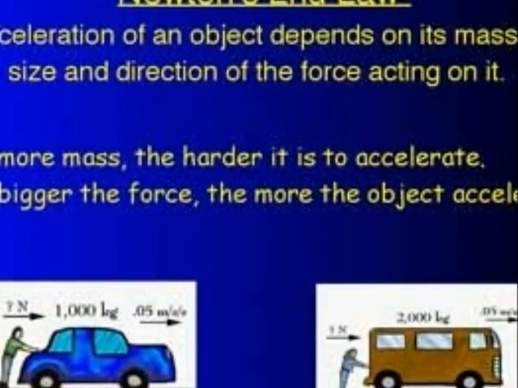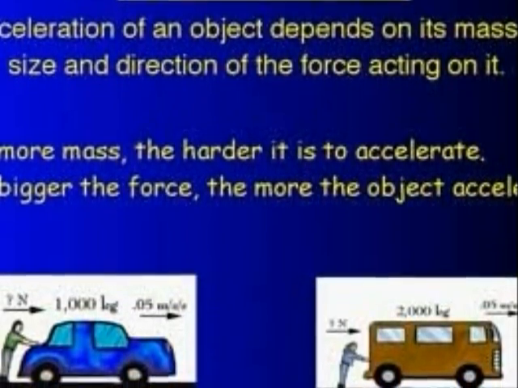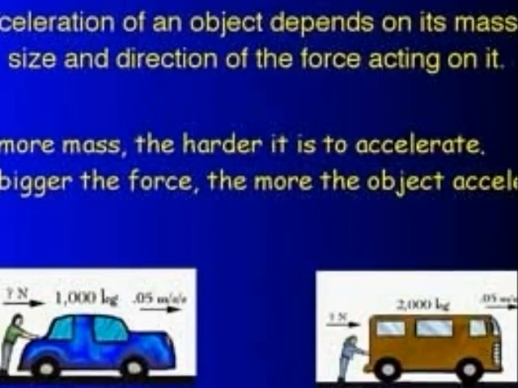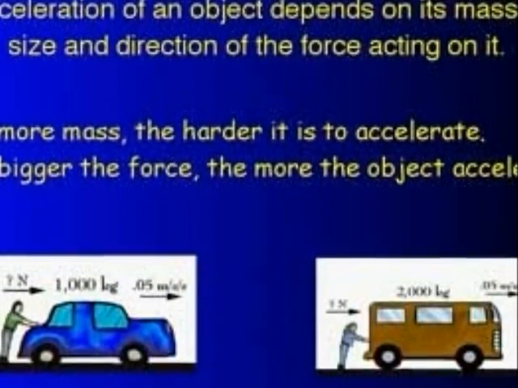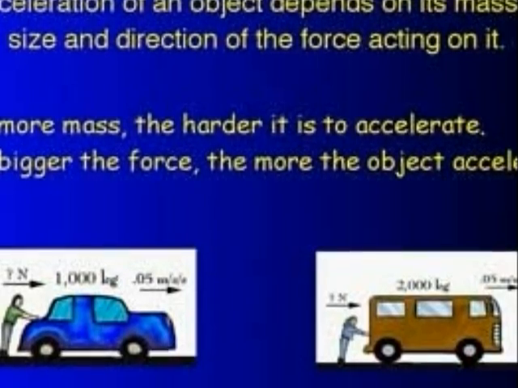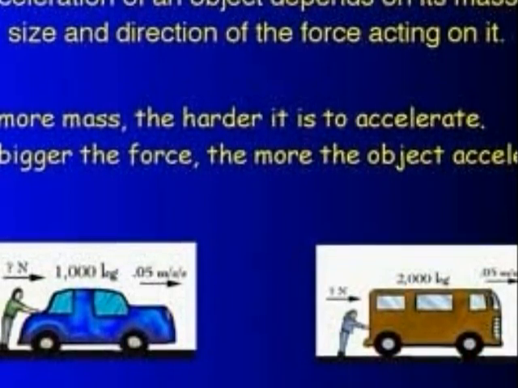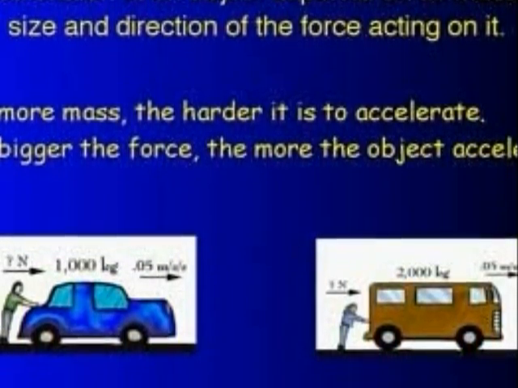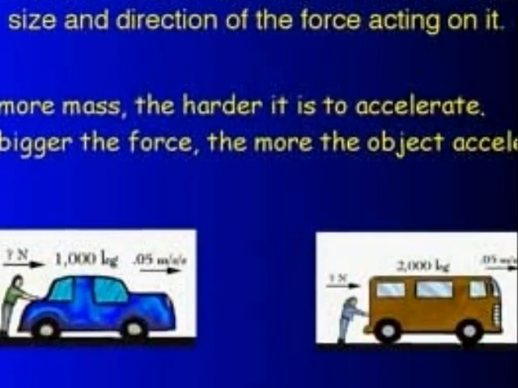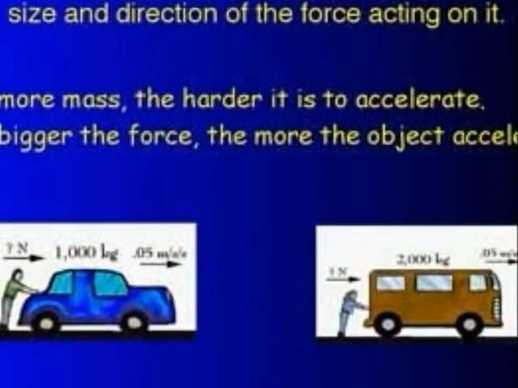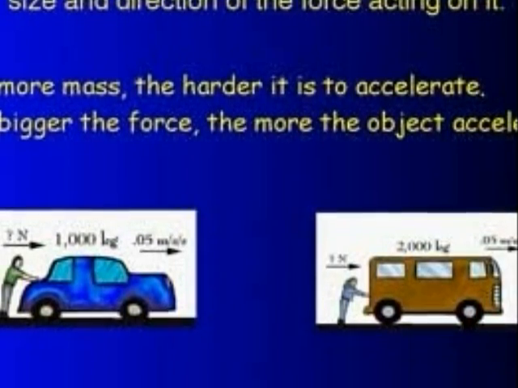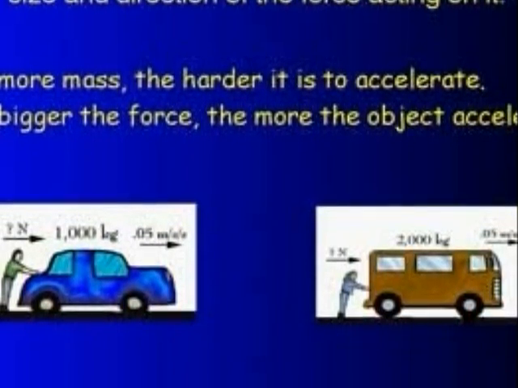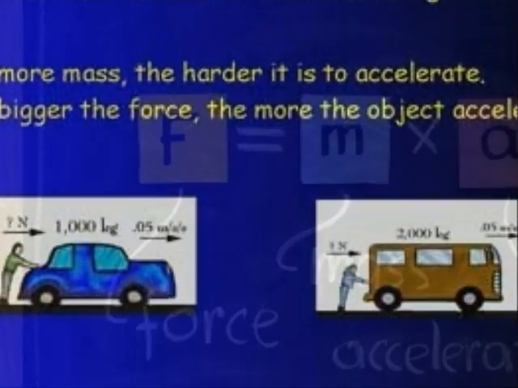And it says that the more the mass, the harder it is to accelerate. The bigger the force, the more the object will accelerate. Now basically this is saying that the mass is inversely proportional to acceleration and that the force is directly proportional to acceleration.